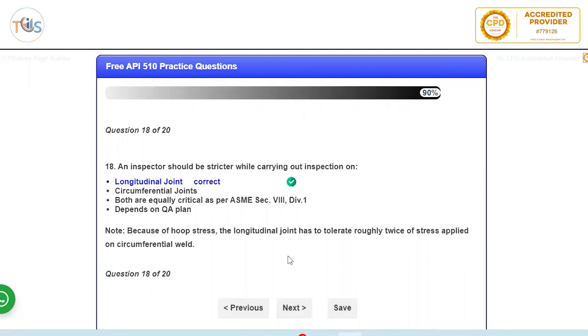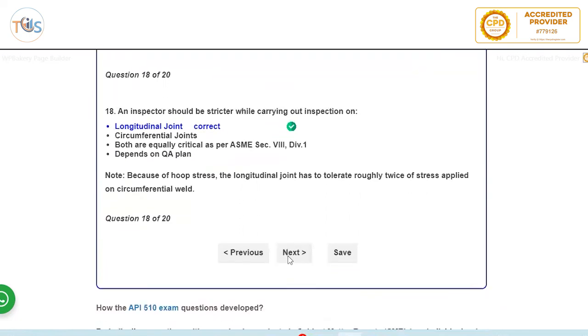If you look at the formulas for joint thickness versus the pressure, longitudinal joint is almost twice that of a circumferential joint. And you can also see in ASME Section 8 that the acceptance criteria is more onerous for longitudinal. So you should be more careful with longitudinal joints.